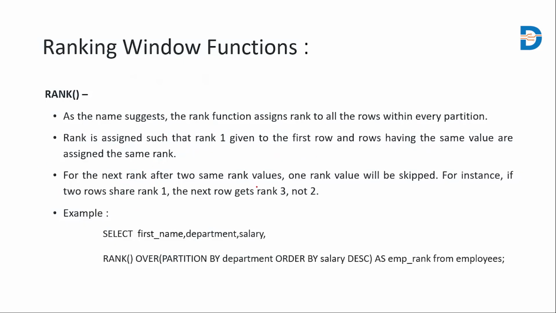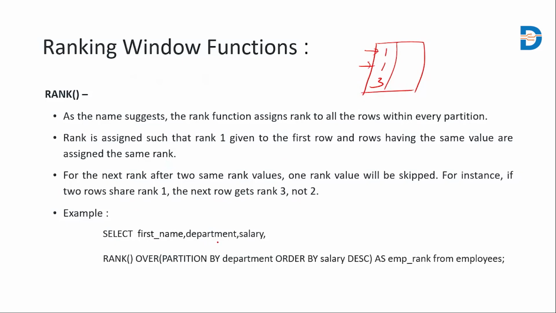For the next rank after two equal rank values, you will notice that one rank value is skipped. If some salaries are the same, it will assign rank 1 to both. Here we have two rows with rank 1, so the next rank will be assigned as 3 instead of 2, because two values are already assigned. So for instance, if two rows share rank 1, the next row will get 3, not 2.